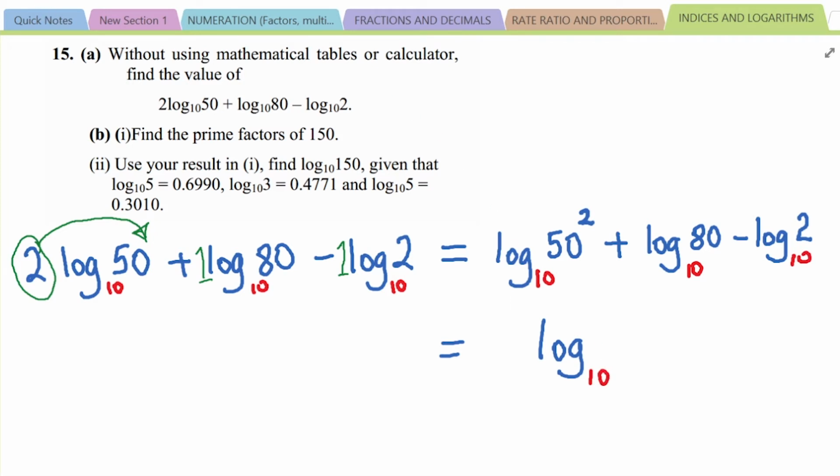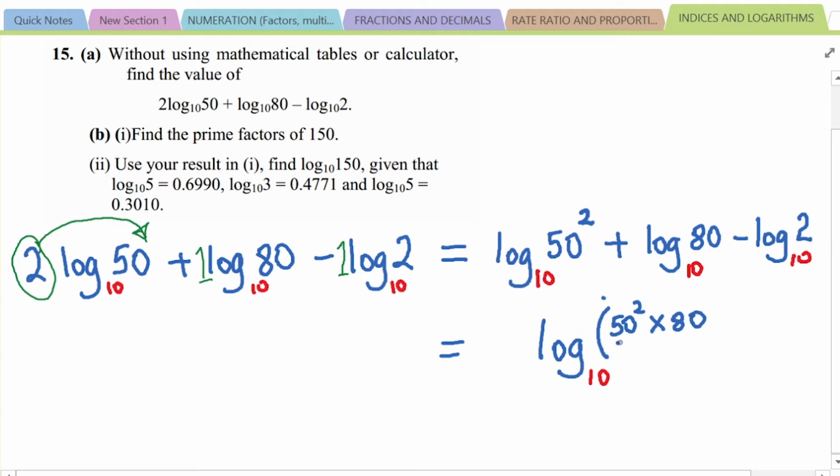So it's going to be the logarithm of 50 squared, times 80, divided by 2. We divide by 2 because of this minus 2.